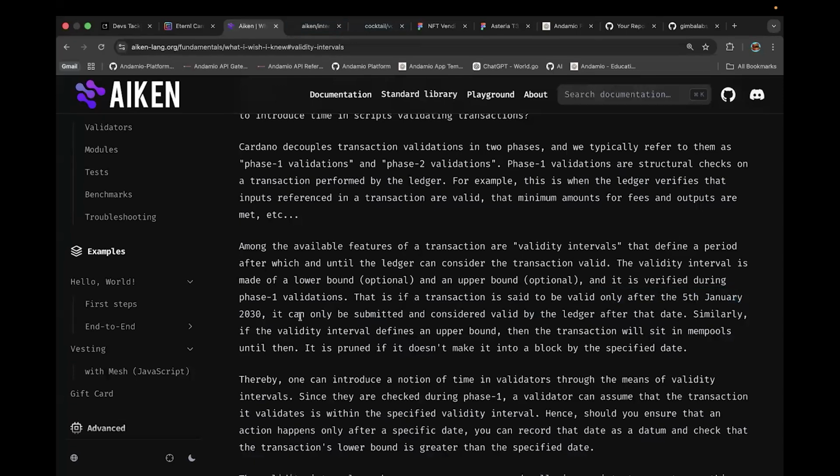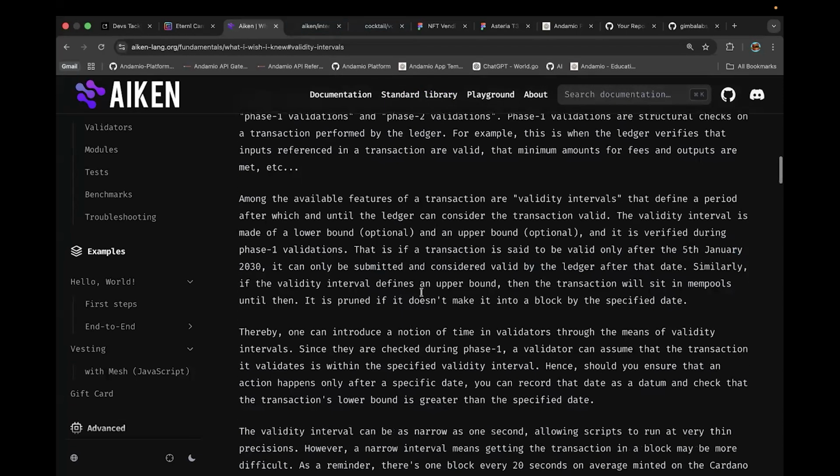Similarly, if the validity interval defines an upper bound, then the transaction will sit in mempools until then. Why will it sit in mempools until then?